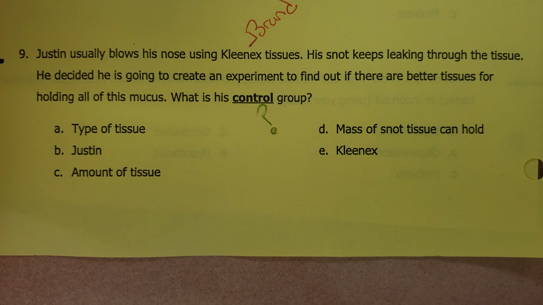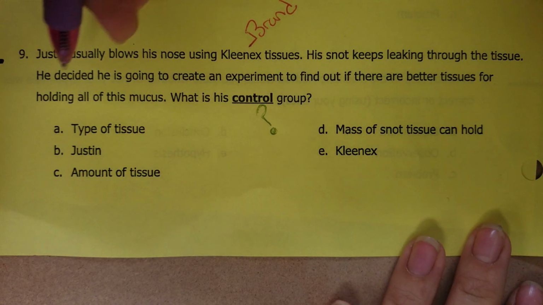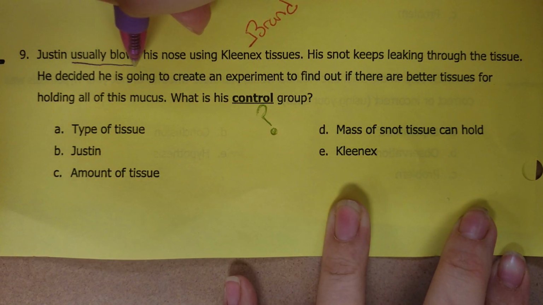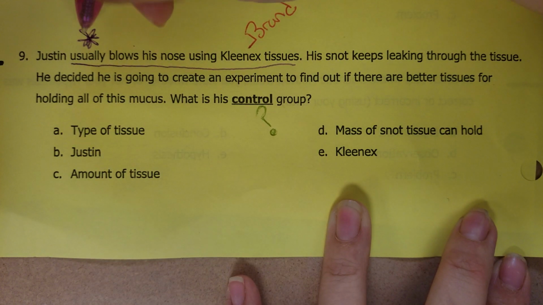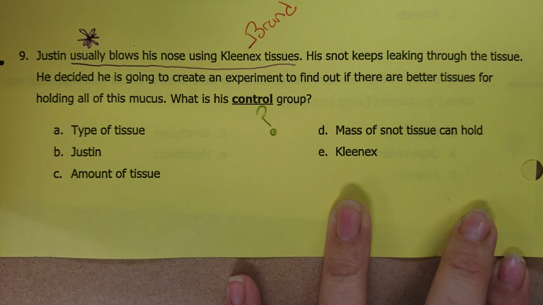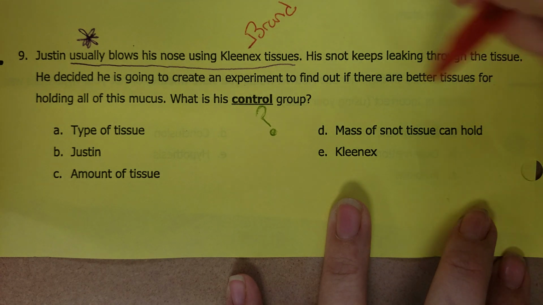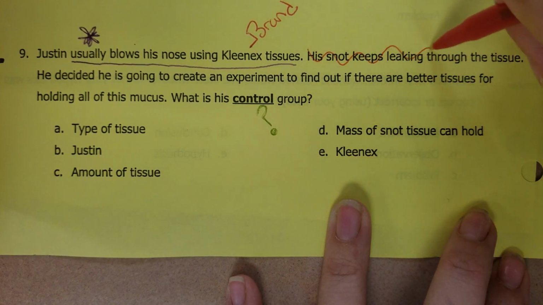So, Justin usually blows his nose using Kleenex tissues. I think that's important because it's telling us what he usually uses. His snot keeps leaking through the tissue. I feel like we really don't need to know that information. Thank you, Justin. But I'm going to cross it out.